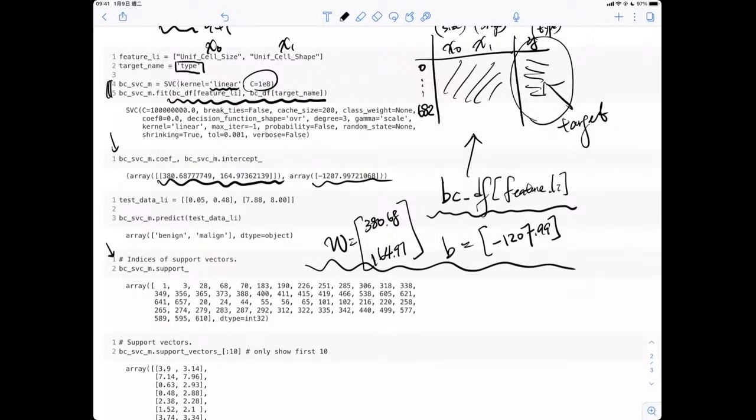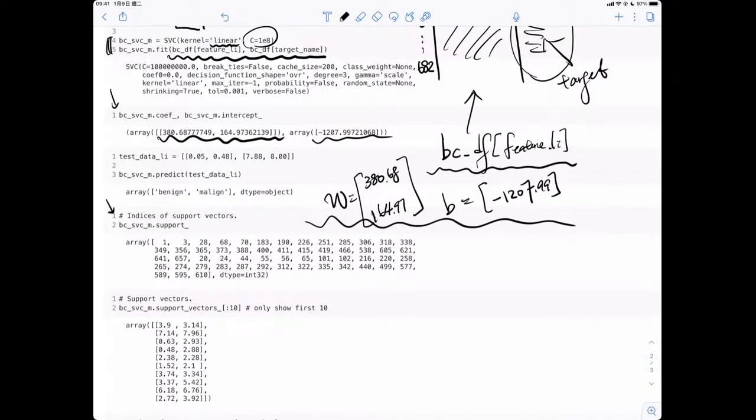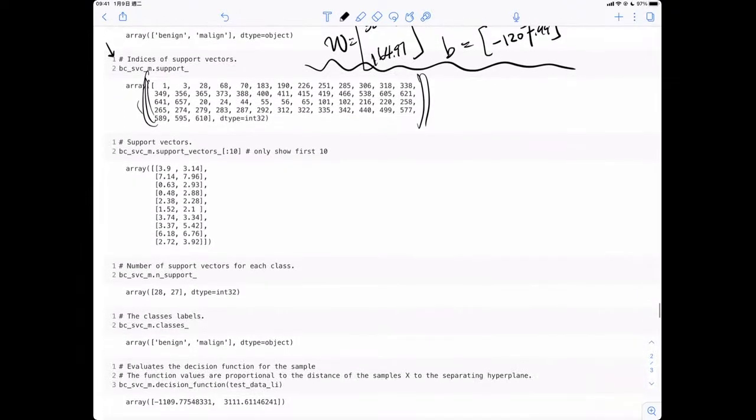There's another thing you might want to know: where are the support vectors? It has a lot of support vectors right here. Those points will touch the support lines of the SVM, 就是这些点都会刚好碰在那两条虚线上.